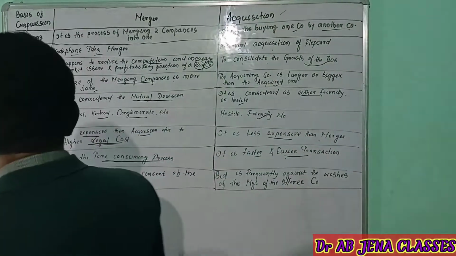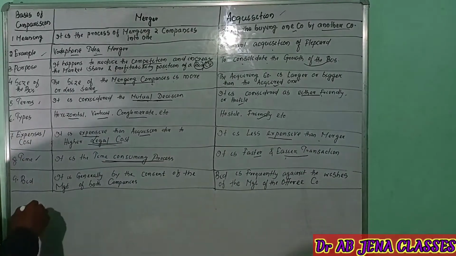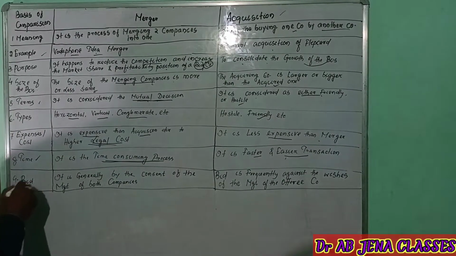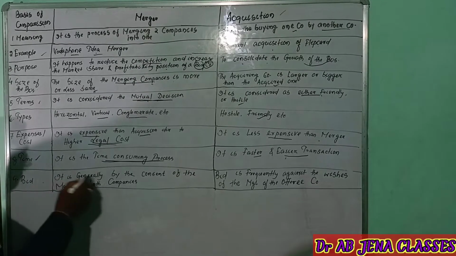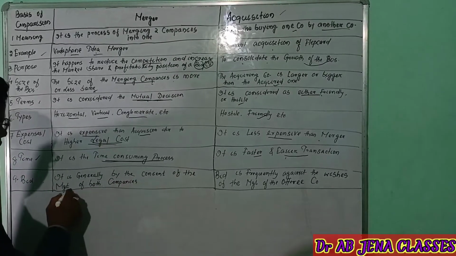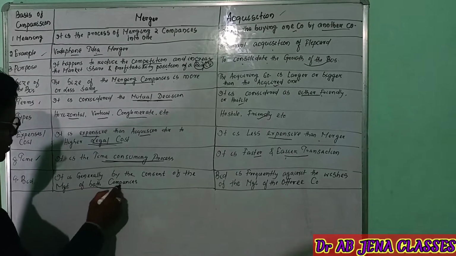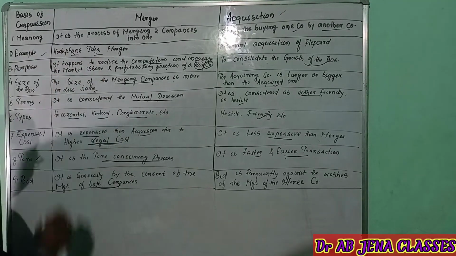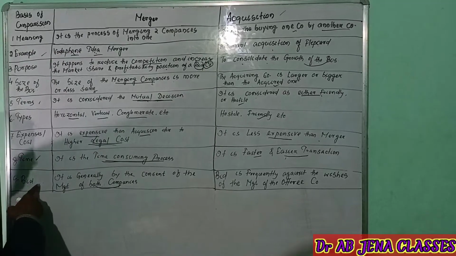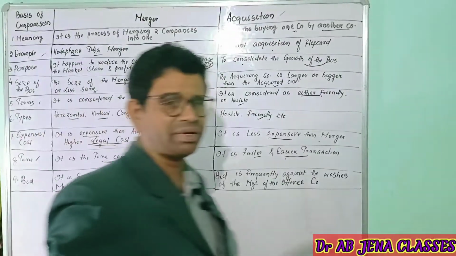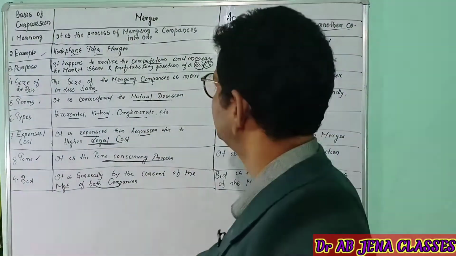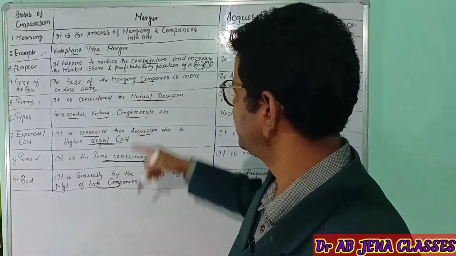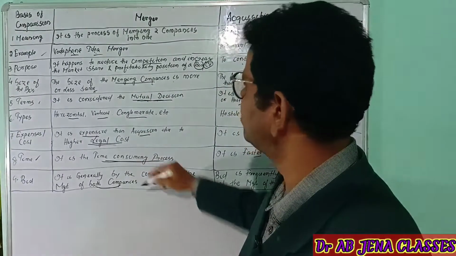Okay, so last but not the least, the last basis of comparison is the bid. In a merger, the bid is generally made by the consent of the management of both the companies. So here Vodafone and Idea, definitely the bid, the final consideration, will be taken with the consent of both the companies.